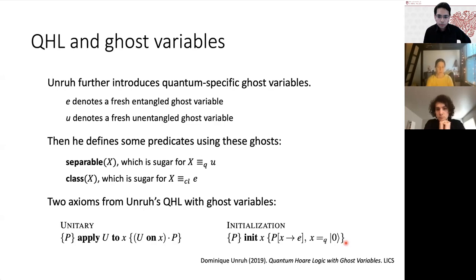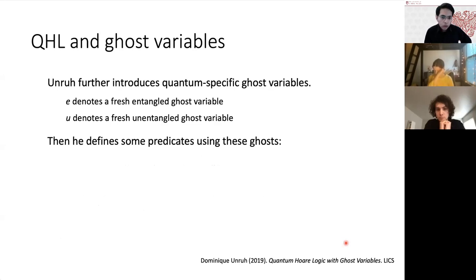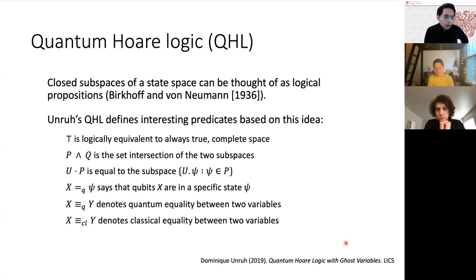Sorry, I have one more question, Kartik. Can you tell me what you mean by quantum equality? Did you define that? I'm not sure I understand it. So this is basically from Unruh's work. Thanks for pointing out that I did not say anything more about what this means.